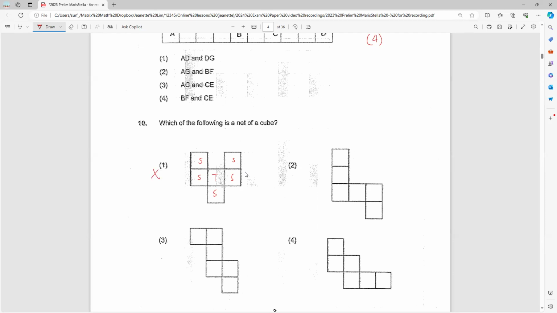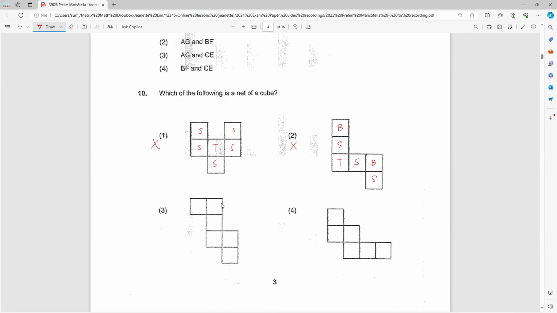Let's look at 2. If this is the top, this will be the side. And then this will be the bottom, because it is right next to the side, below it. And then this is another side. And top side. And then this will also be a bottom, if you wrap it around. So no, you can't have two bottoms.